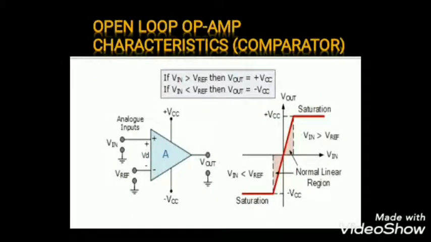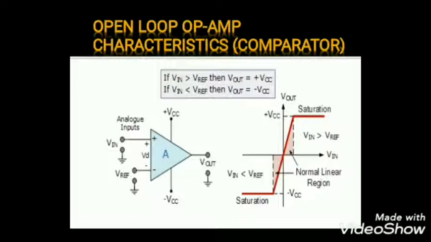This is the characteristic of the open loop op-amp comparator. It has only two states of output: one is positive saturation and the other is negative saturation. Whenever the non-inverting terminal voltage is greater than the inverting terminal voltage, the output will be considered as 1 or positive saturation.